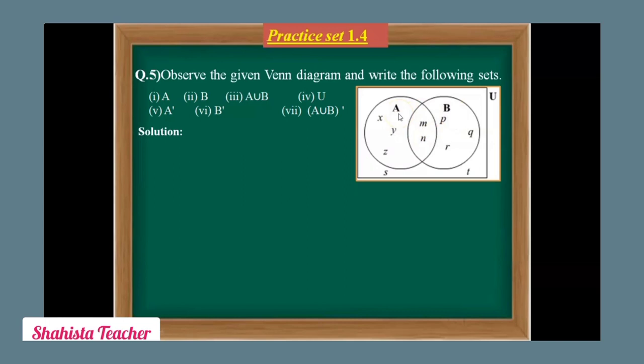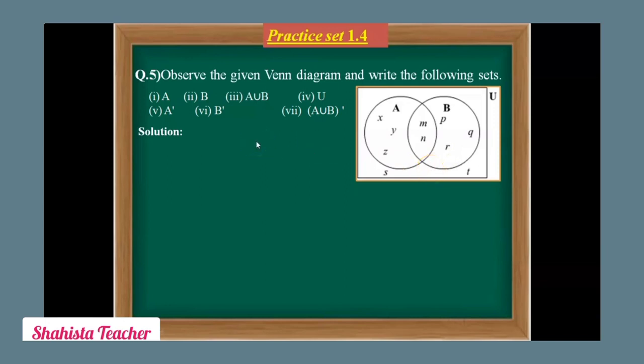Here 2 sets are present, set A and set B. This A circle represents X, Y, Z, M and N, 5 elements. Now the B circle represents M, N, P, Q, R, again 5 elements. S and T are exterior to these two sets, so they are covered under the universal set.